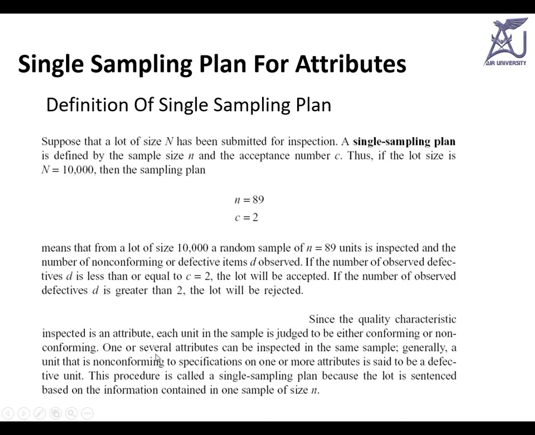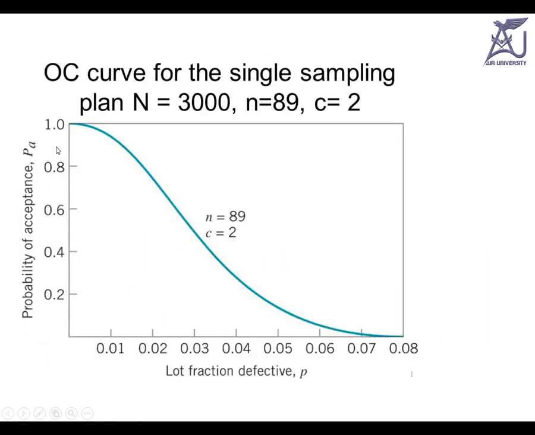So for the accepted sampling plan for attribute data, we can use the distribution which you may call a binomial distribution. But if your population size is very definite, then you can use a hypergeometric distribution. But right now our lot size is very big, so we are going to go for the binomial distribution. So we'll use the binomial distribution for finding the probability of acceptance.